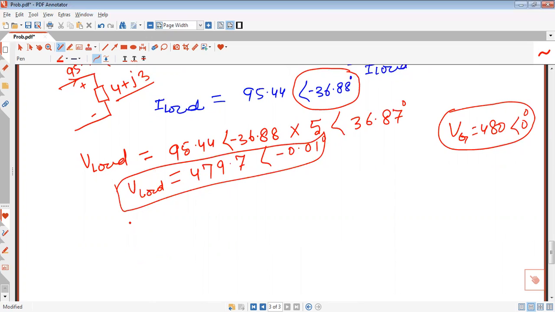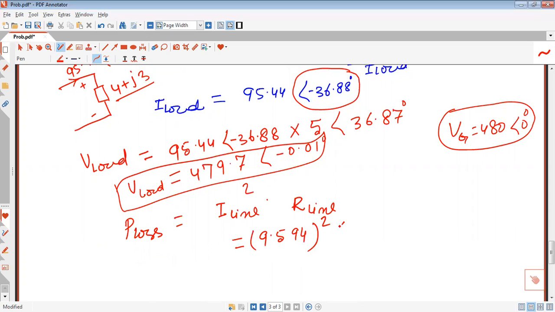So transmission loss, power loss will be equal to I line square multiplied by resistance of the line. So just putting this value, line current was equal to 9.594 square, and multiplied by line resistance was 0.18.